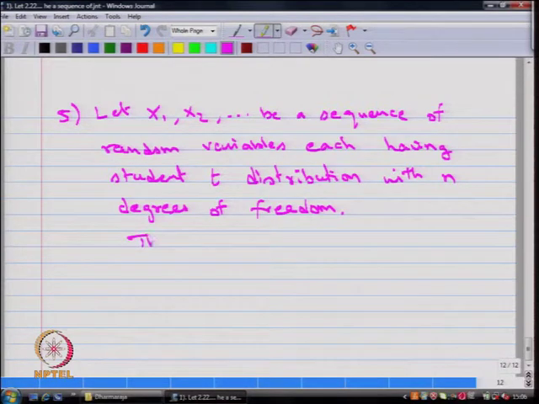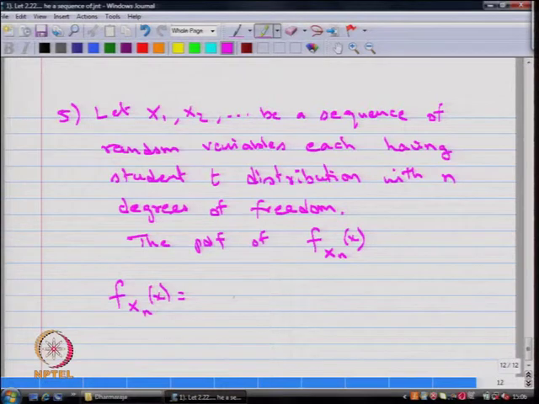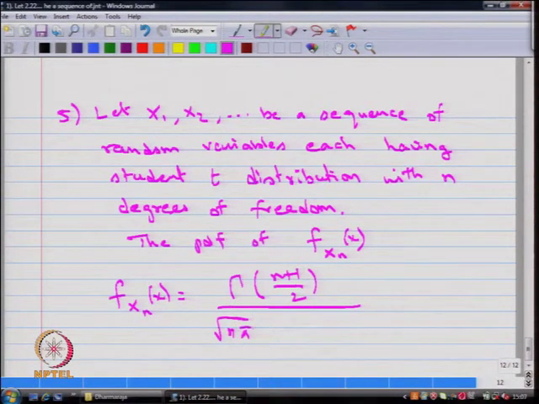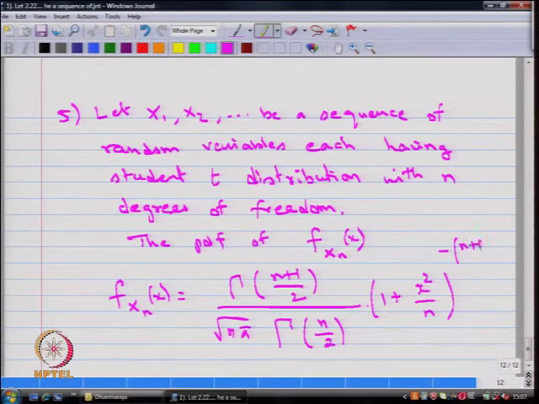We know that the probability density function f of x for the random variable X_n is given by gamma of (n plus 1)/2 divided by square root of n times pi multiplied by gamma of n/2, multiplied by (1 plus x squared by n) to the power minus (n plus 1)/2.